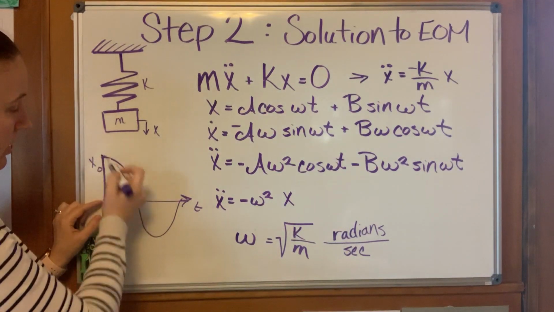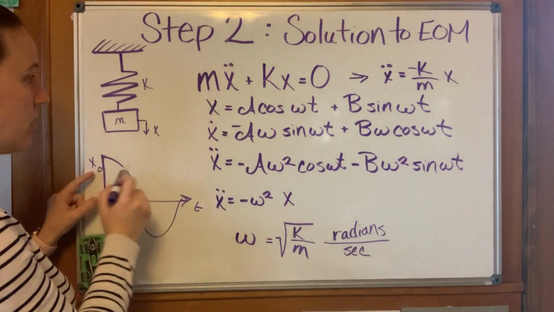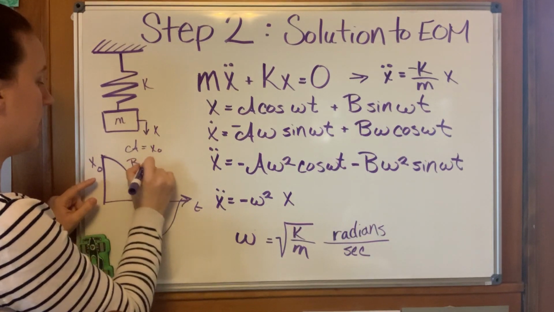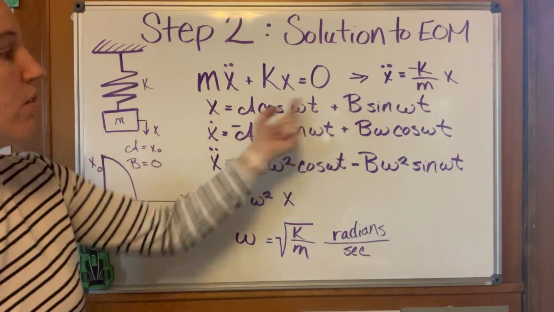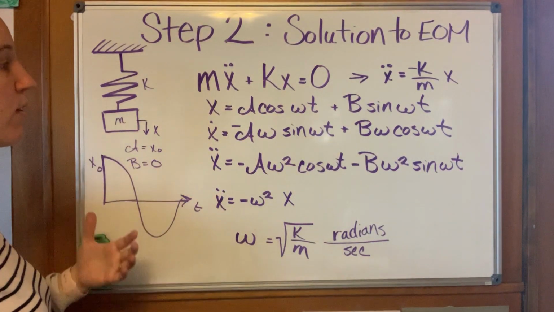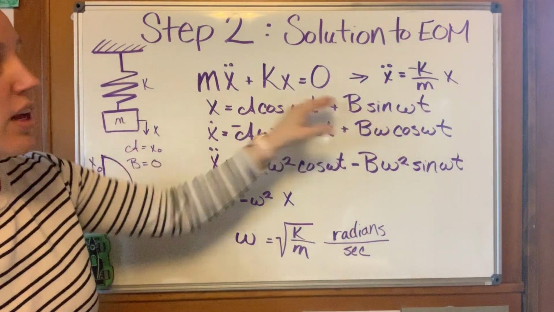So in this particular example where you start with some original displacement x0, then a equals x0 and b equals 0. Right, but you could start with a different combination of a and b, and you're going to solve based on the initial conditions. Your problem will give you some initial conditions and you can solve for a and b.